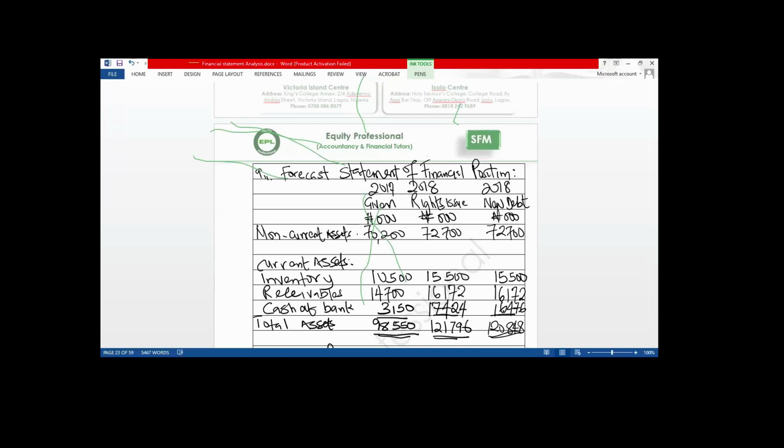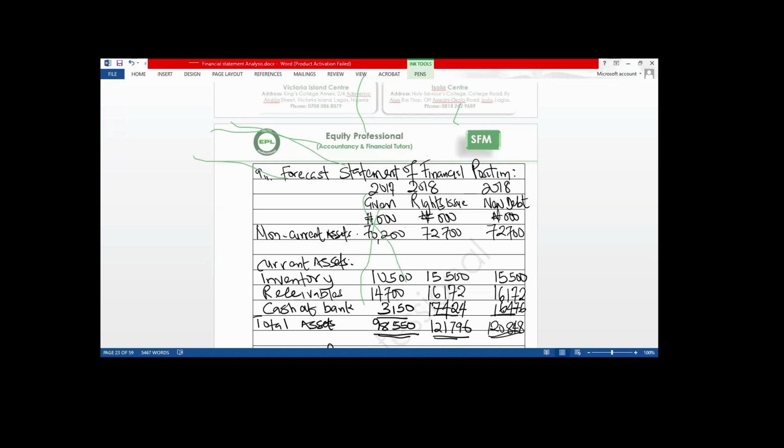Alternatively, you can prepare your cash flow statement to get your cash balance. Because we are not asked to prepare cash flow, the examiner may not penalize you. Just use the balancing figure to get your cash balance.